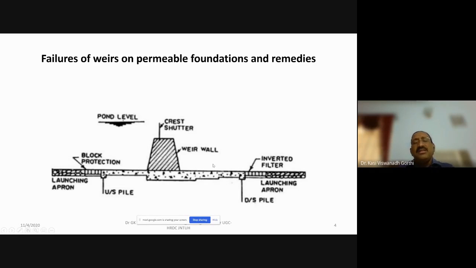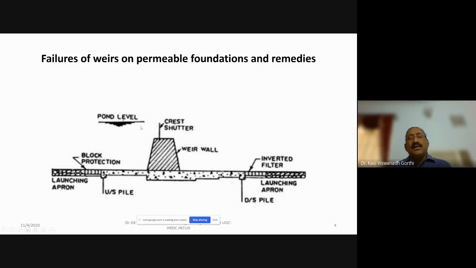The water seeping through this foundation may exit at the downstream portion, or it may cause uplift pressure for this downstream portion of the weir. When uplift is created, naturally the foundation may burst. So bursting of the foundation may lead to the failure of the weir.